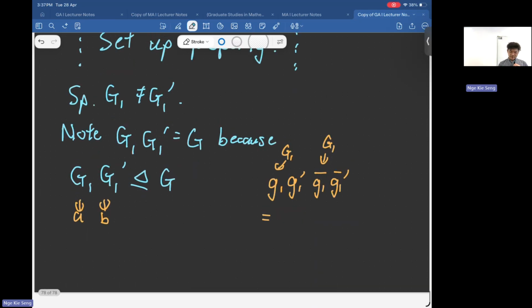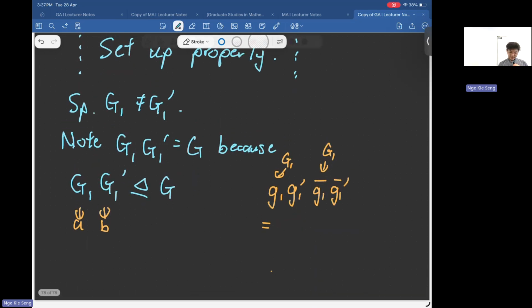Oh, I think you want to make it look something like a product of things in G1, right? And then G1. Okay, to show normal, I think is what you say.